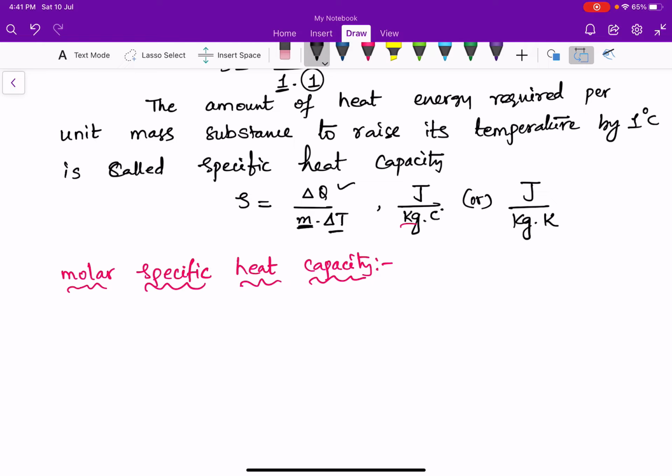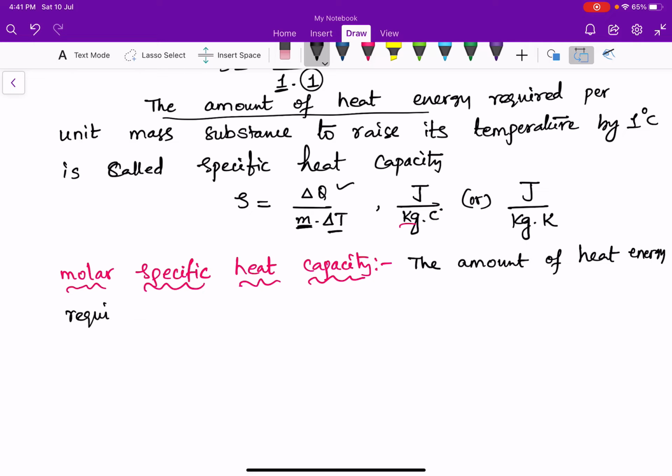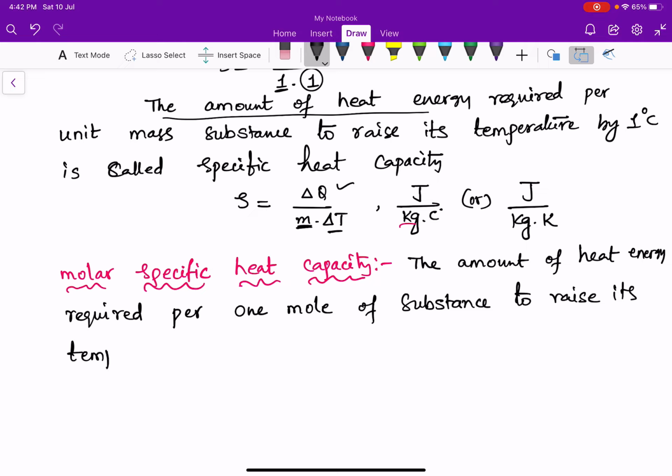So I am defining, see it carefully, the amount of heat energy required per 1 mole of substance, here we are defining 1 mole, not 1 gram or 1 kg, to raise its temperature by 1 Celsius degree is called molar specific heat capacity.